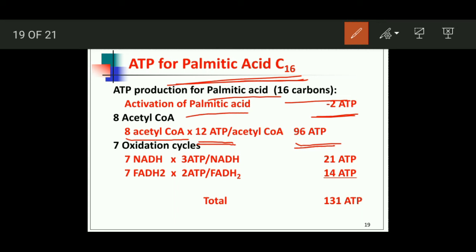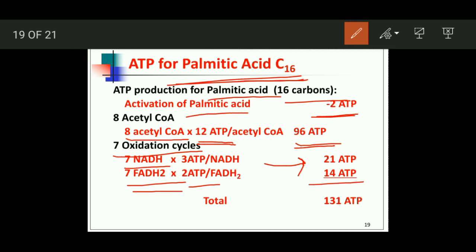And 7 oxidation cycles take place, so 7 NADH and 7 FADH2 are produced. 1 NADH produces 3 ATP, so that becomes 21 ATP. And 1 FADH2 produces 2 ATP, so 7 FADH2 produce 14 ATP.